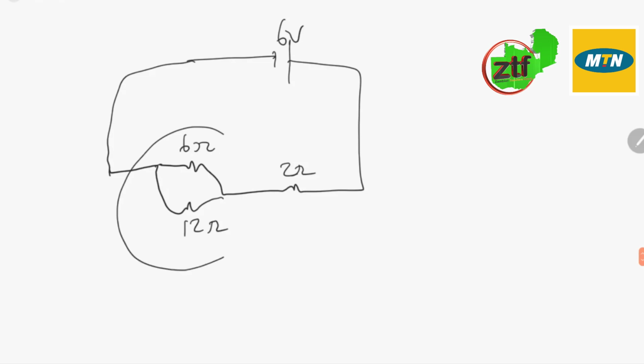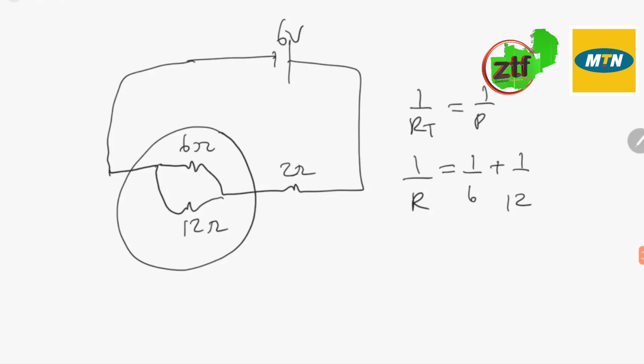What is the total resistance here? These two resistors are in parallel. Therefore, if we find the effective resistance of these two, it's as good as removing them and replacing them by only one of the value that we are going to find. So, 1 over total resistance is equal to 1 over 6 plus 1 over 12, coming from 1 over R total equal to 1 over R1 plus 1 over R2.